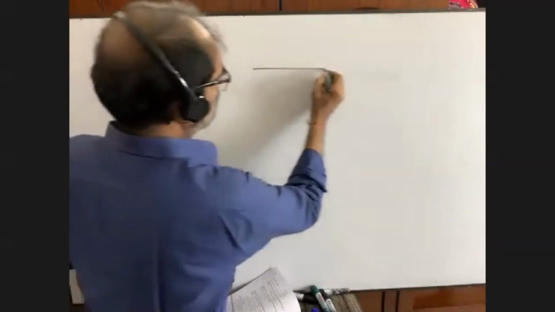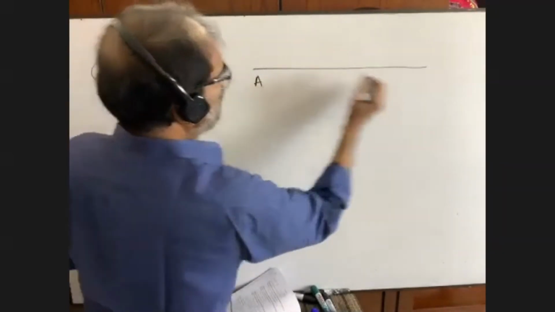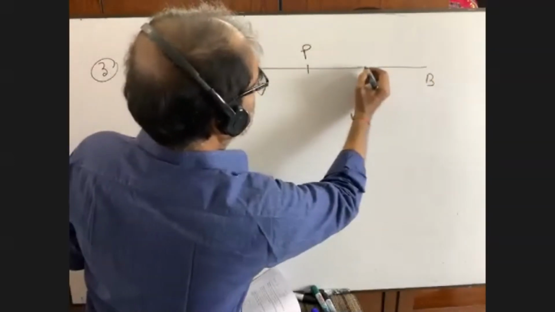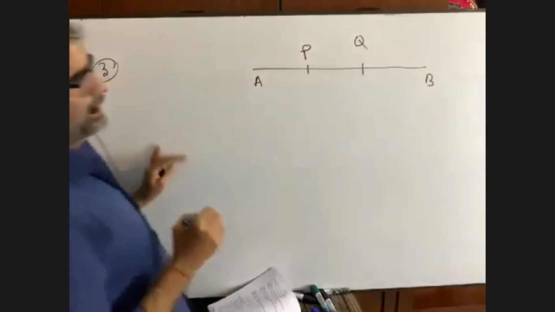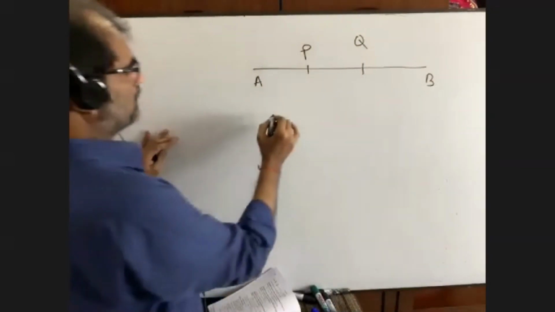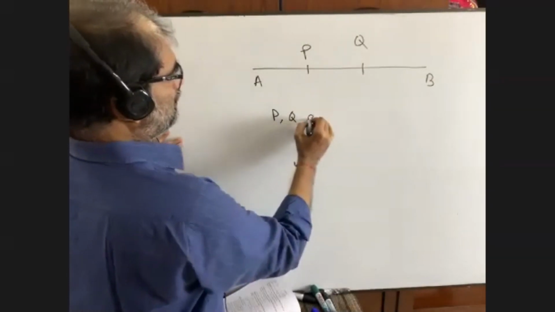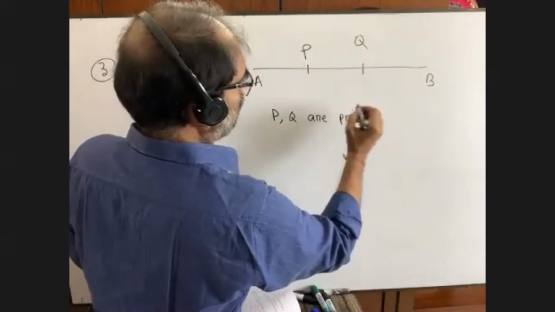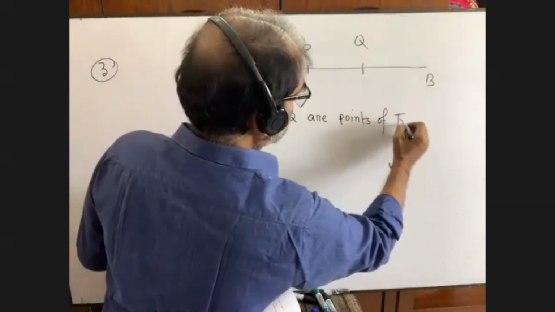I am going to question number 3. It will be the important math. Find the coordinates of the points of trisection of the line segment. Suppose it is AB, and it has points P and Q. Here P and Q are called points of trisection.